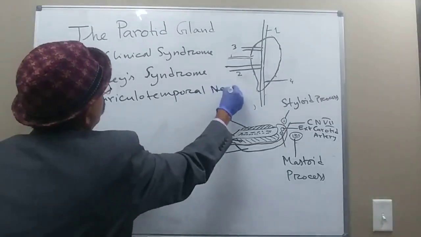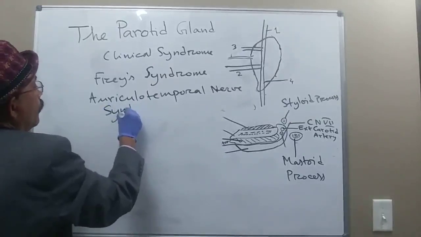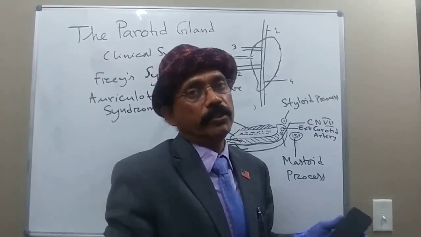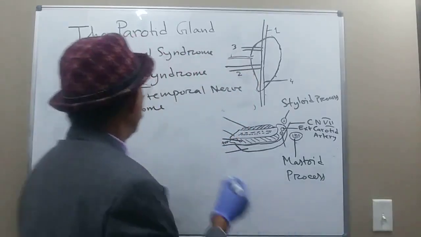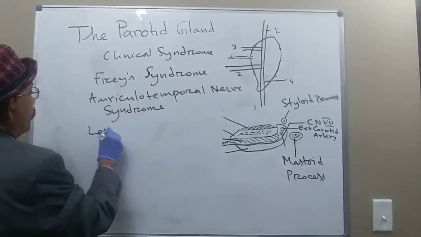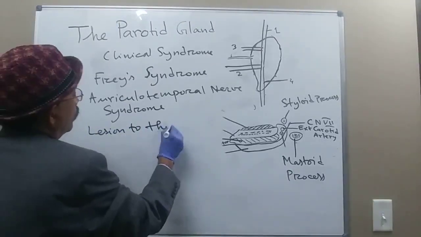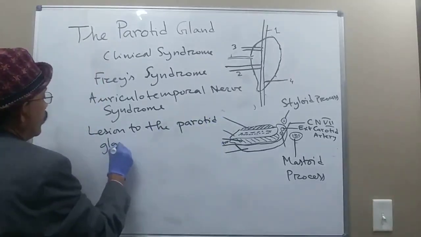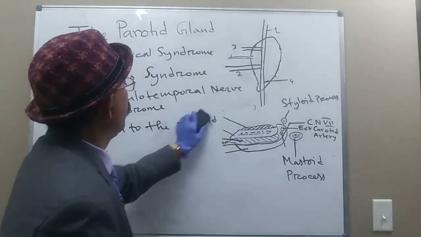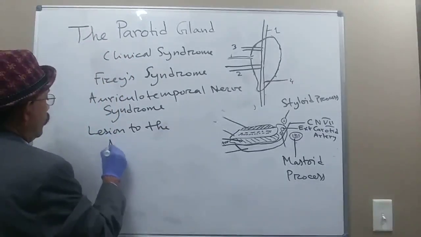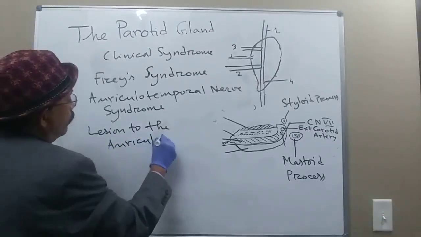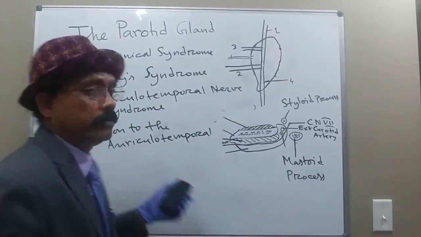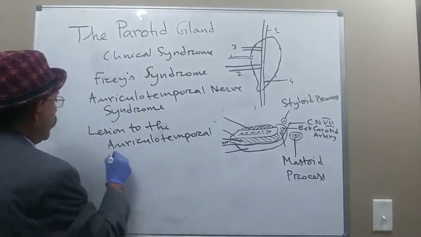This happens due to damage to the parotid gland by surgery or any type of trauma. We can call it a lesion to the auriculotemporal nerve, which is better, especially during surgery.